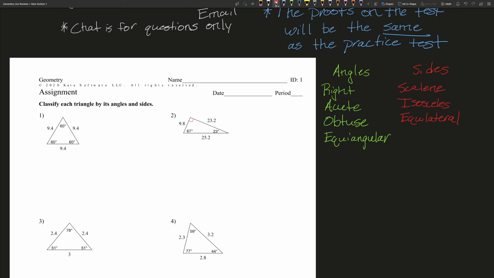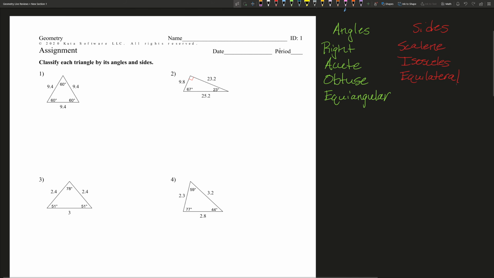All right. So if we work through this, number one has 9.4 on each side, so it is equilateral. And it has 60 degrees for each angle, which means it is also equiangular. On the test, this answer is fine, except this also has another name.